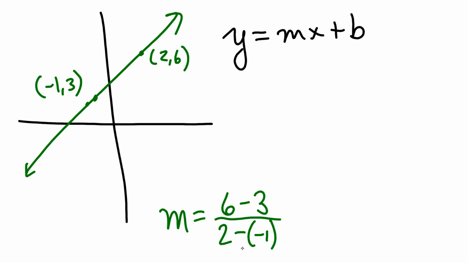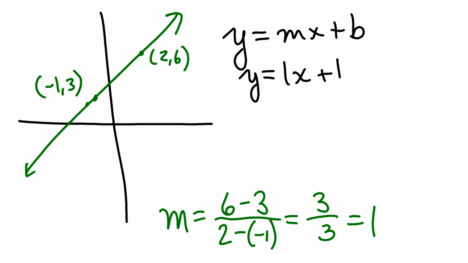Careful, it's minus a negative, right? Well, the slope is 1. And if the slope is 1, then the equation of the line is y equals 1x plus b. And then it's just up to us to figure out what b is.